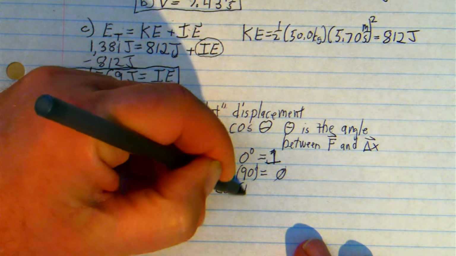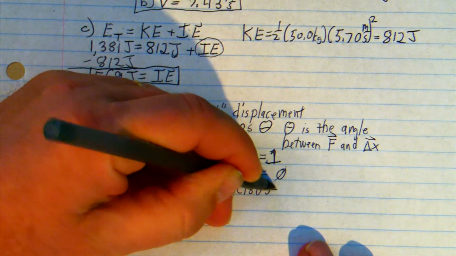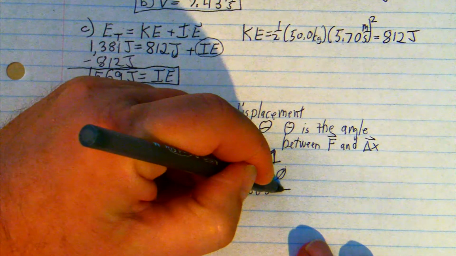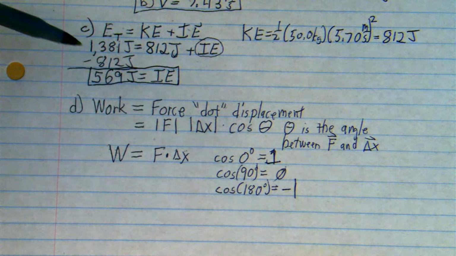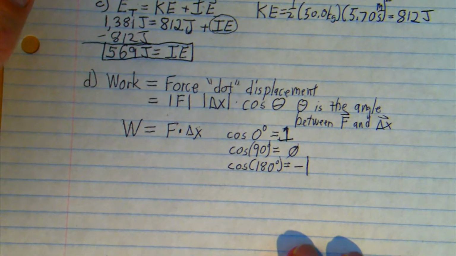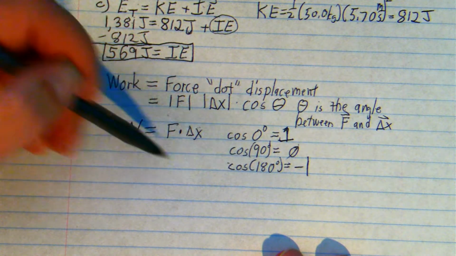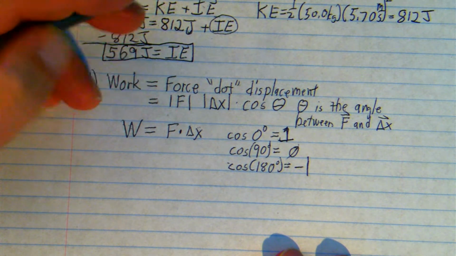If they are in the opposite direction to each other, then the cosine of 180 degrees is -1, and negative work is done. This explains why we say friction does negative work for objects that are moving.